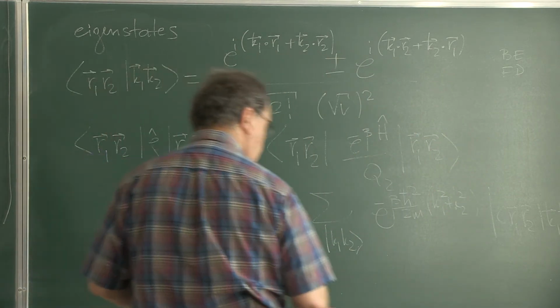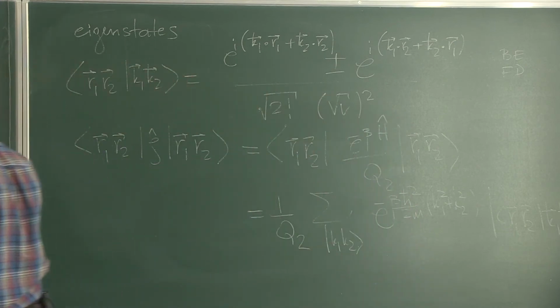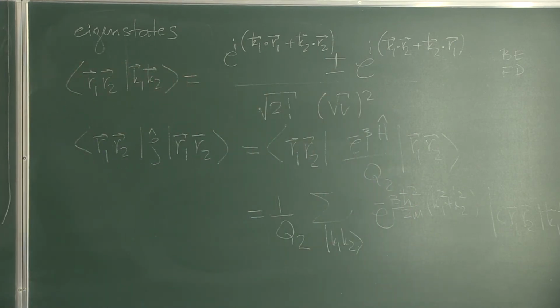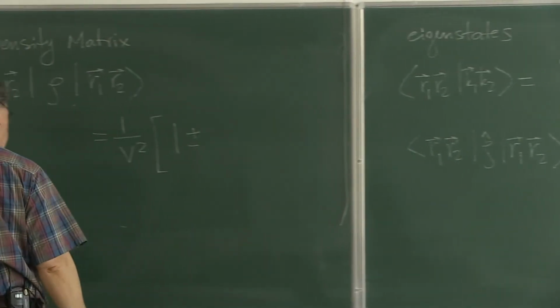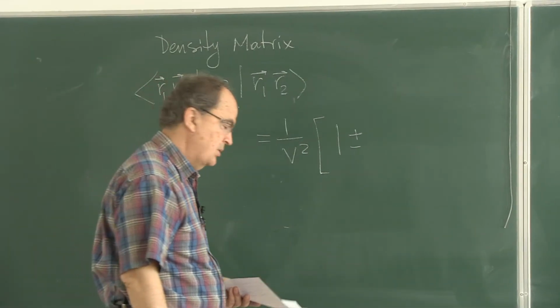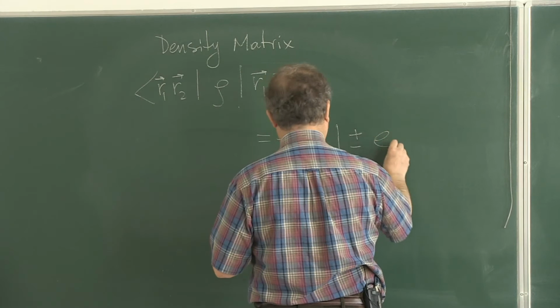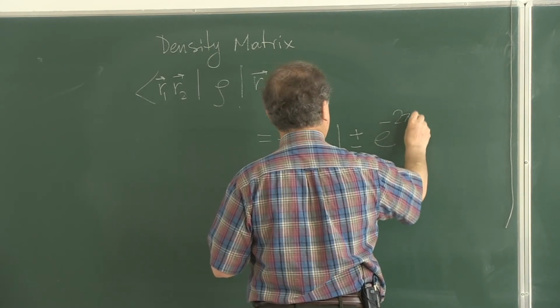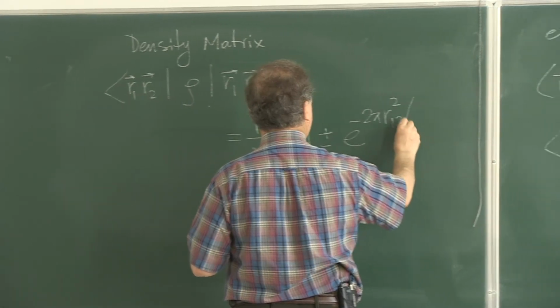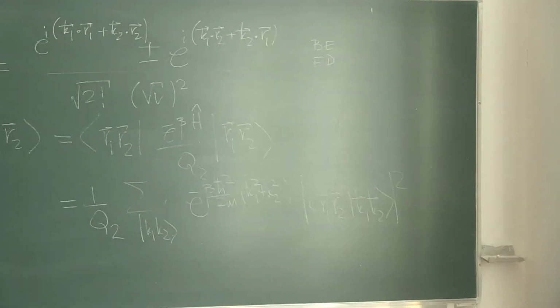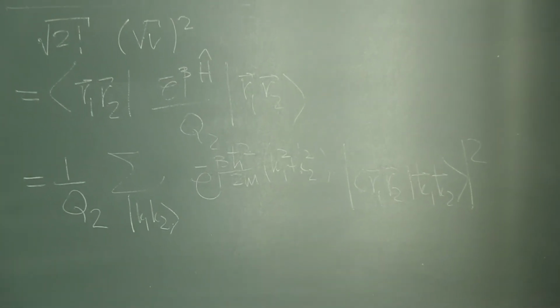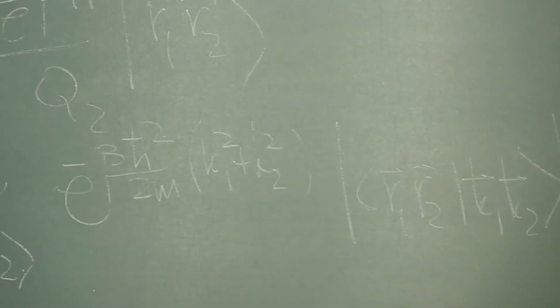That density matrix, or the probability, comes out to be 1 over V squared, times 1 plus or minus, plus for Bose-Einstein, minus for Fermi-Dirac, e to the minus 2 pi r12 squared over lambda T squared. So it is Bose-Einstein up, Fermi-Dirac down for the signs. Okay?